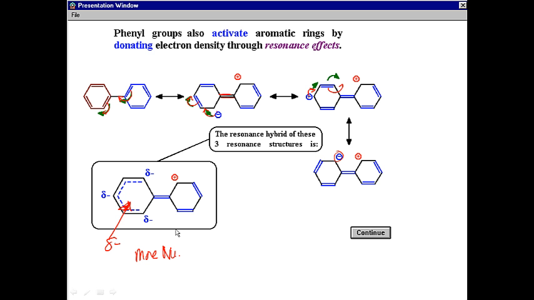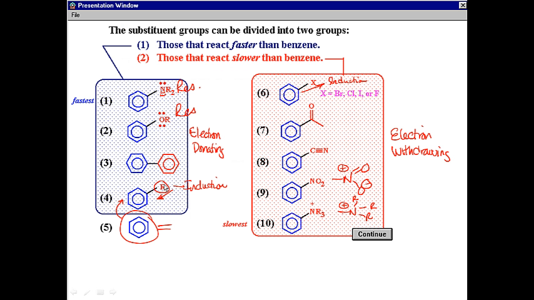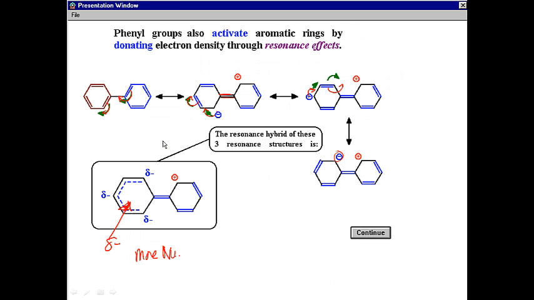And so just above the inductive effect of alkyl groups is the benzene ring. So that's how we explain why this is an activating group. So what we see is that resonance, activation by resonance structures, is much more powerful than the way the alkyl group activates by induction. Okay, so that's all I'm doing, is just drawing different resonance structures to show how I can push electron density into that ring.